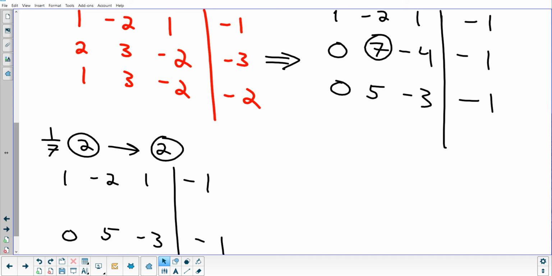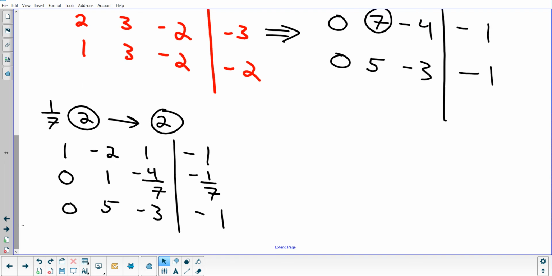And what does row 2 become if I multiply by 1/7? 0, 1, -4/7. And then, oh, sorry, the last one is -1/7. Not thrilled about having those 7s as denominators. I'm not sure there's anything I can really do about that, so it is what it is.